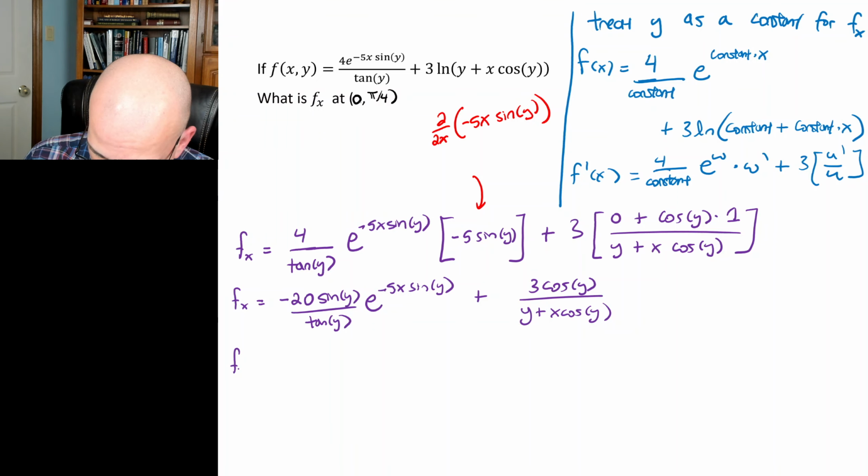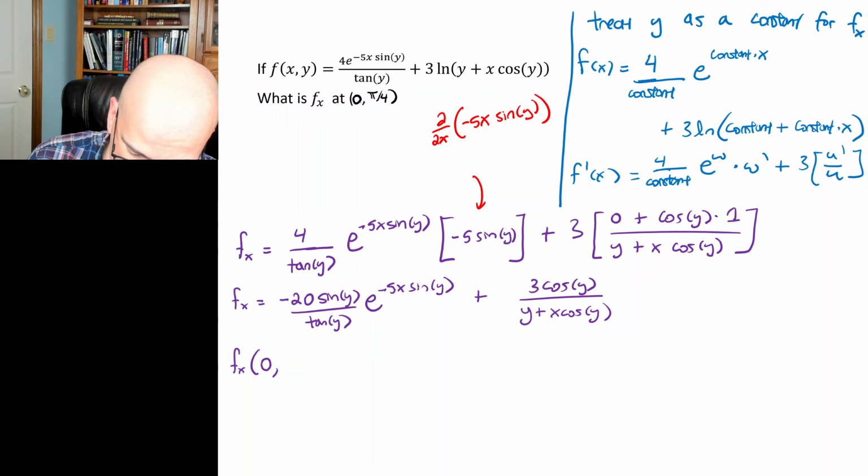So f sub x at 0, pi over 4, we have to substitute the right thing in the right spot.